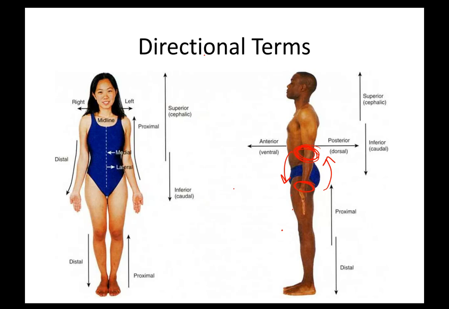Okay, so we've got superior, inferior as two opposite sides of a coin, medial and lateral, opposite sides of a coin. Now let's talk about the limbs specifically. We're talking about the arms and the legs. There is a specific couple of terms that we use when we're talking about the distance from the torso.